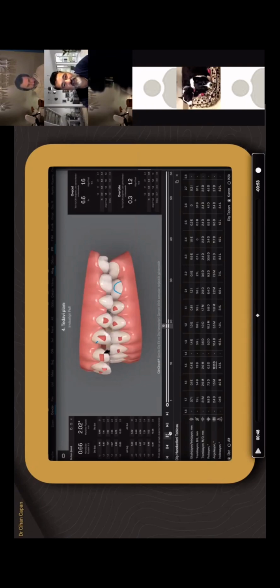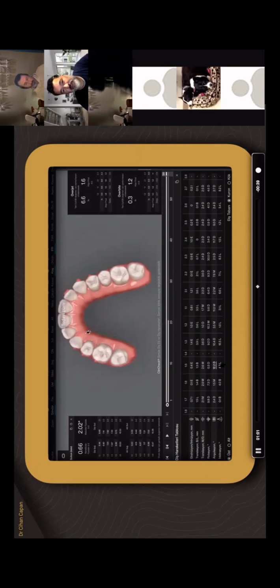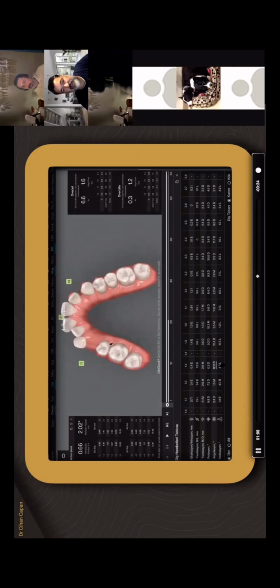So I just put here the biggest attachment I can horizontally on the lateral to control the tipping moment of the lateral. So yes, and I have given him class 2 elastics just for nights, not the whole day, he will use the elastic at night. So you can see the movement from the occlusal in a better position.